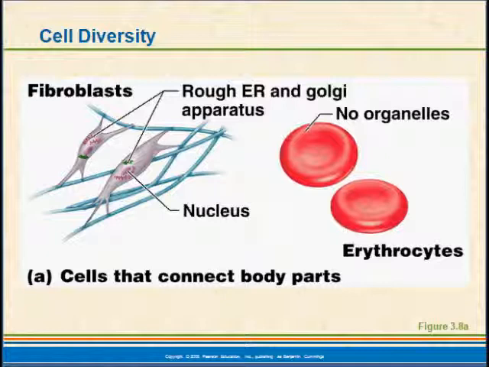Now, an example here, fibroblasts. These build fibers which hold things together. We have erythrocytes, which are red blood cells that used to be cellular, but all of the organelles have been ejected from them, so now they are just sacks of chemicals.